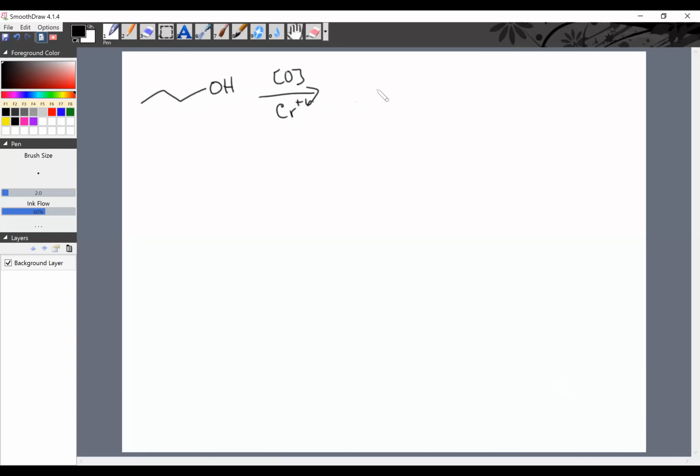and it is going to convert it to a carboxylic acid. Or if you start with an aldehyde, remember that's only a halfway step, it's also going to go to a carboxylic acid.